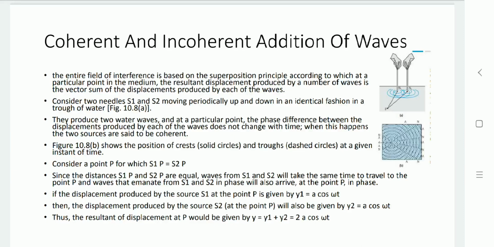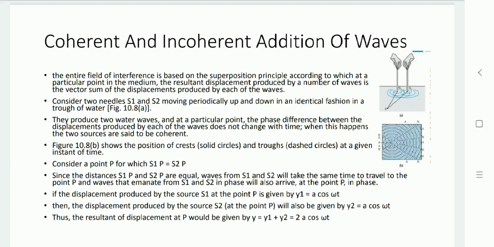The superposition theorem suggests that first we check the wavefront of one source, likewise the wavefront of the second source, and then add their individual effects. So as the diagram shows, the two needles moving periodically up and down in the water will generate wavefronts at both ends.